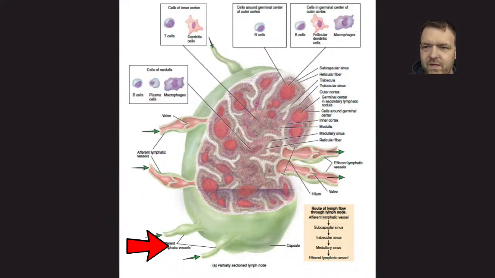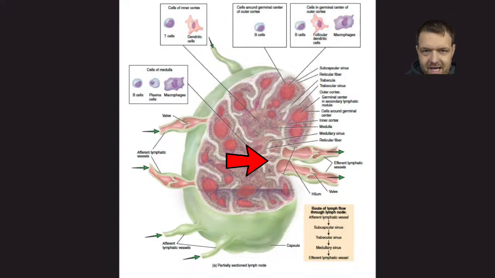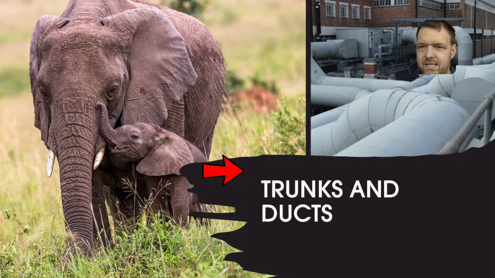We've got all of these lymphatic vessels coming in and efferent vessels coming out. On this picture there are two, but there are fewer. It slows everything down so that the filtration system through the cortex and the medulla of the lymph node, which we'll look at in a sec, can do its job. That's just a brief intro, and we'll go into it in more detail.